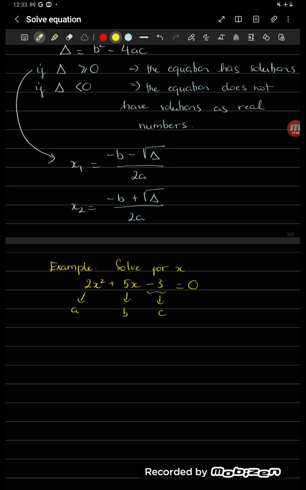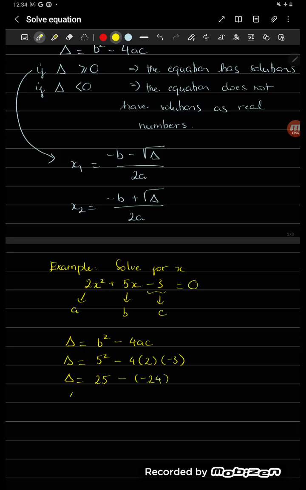Now delta equals b squared subtract 4ac. In this case, delta equals 5 squared subtract 4 times 2 times negative 3. So 4 times 2 is 8, and 8 times negative 3 is negative 24.